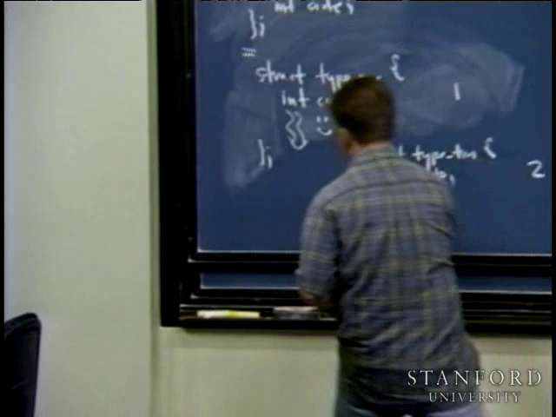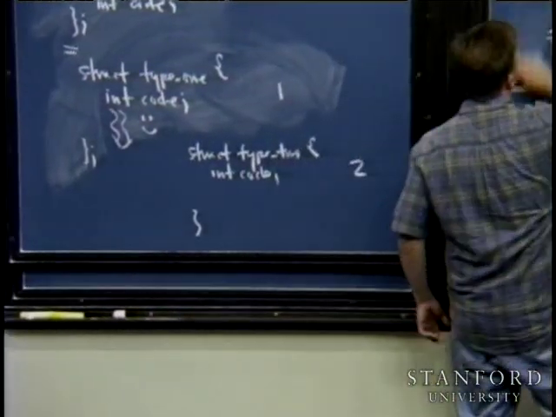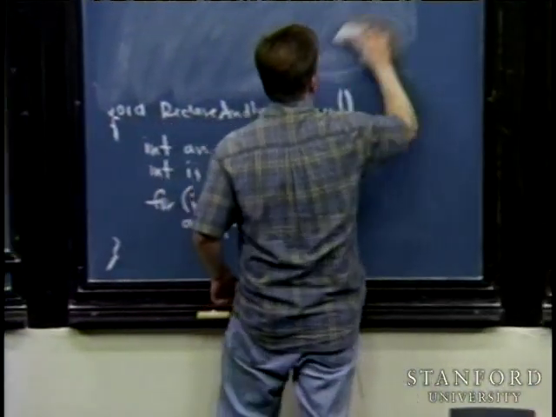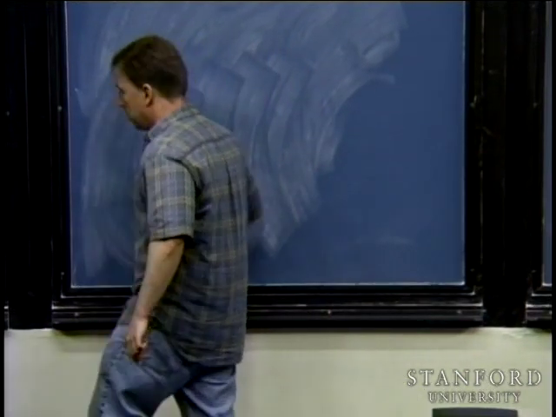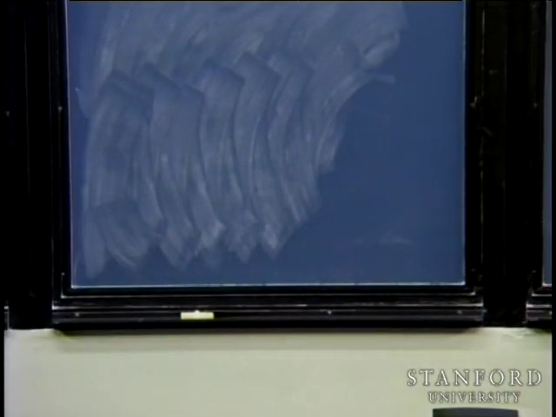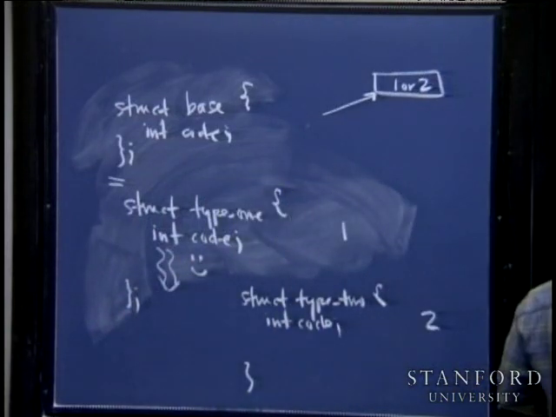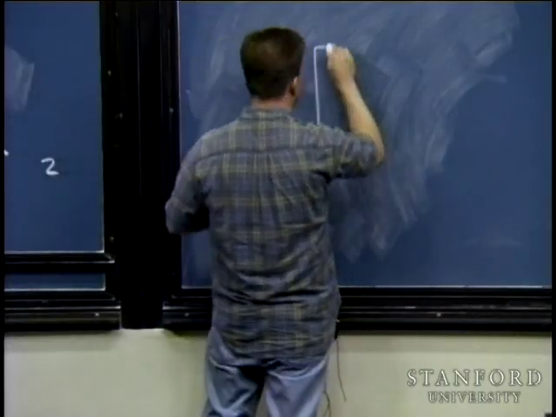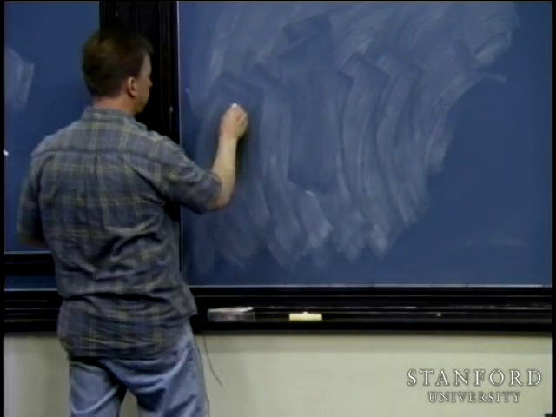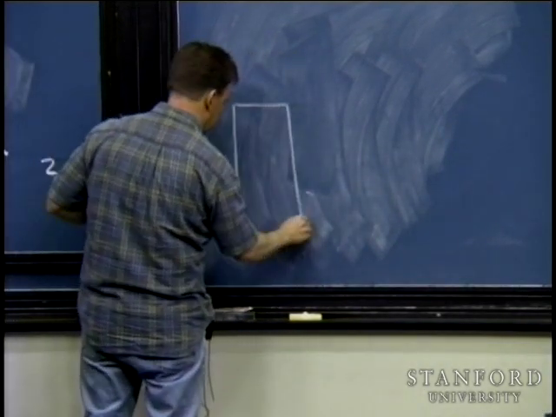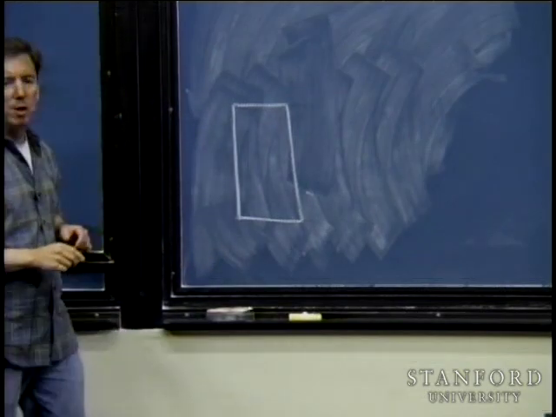Okay? Now I'll frame it this way. Let's just think about one of the pods. Actually, let me draw over here. This is the virtual address space.